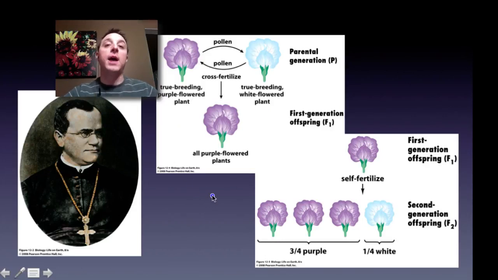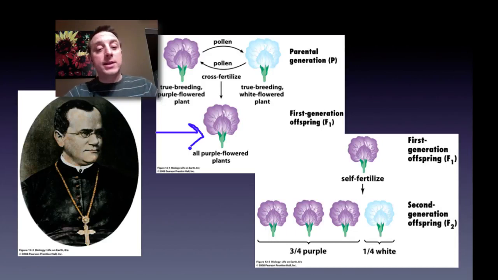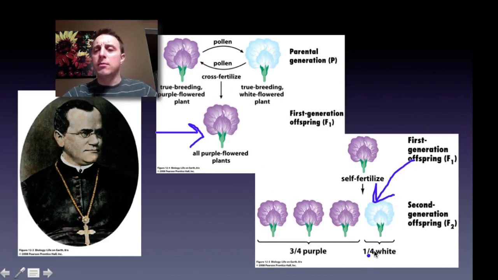So the purple flower color is dominant over the white because it's what shows up in the F1. And conversely, the recessive trait is the one that disappears in the F1 and only comes back in the F2, though in a much lower percentage.